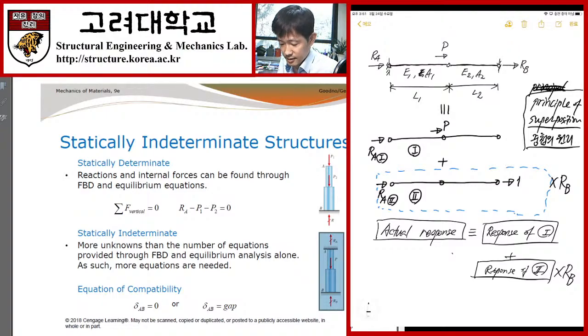Okay, this is the principle of superposition for linear systems. So what I'm going to do is this. Obviously here we have one unknown.